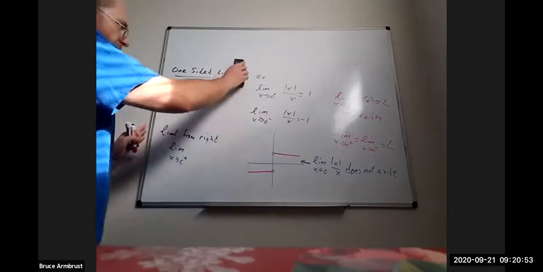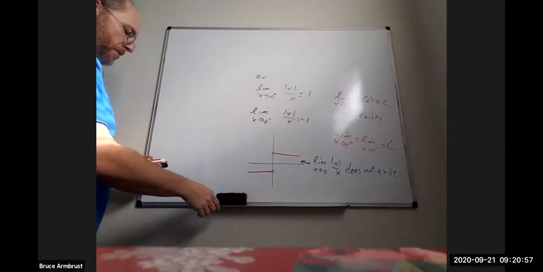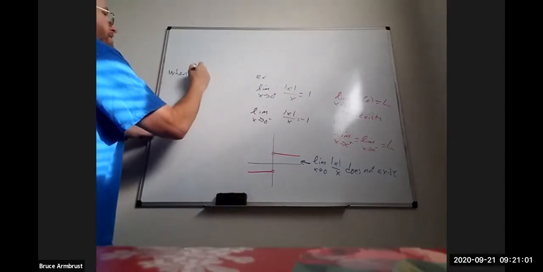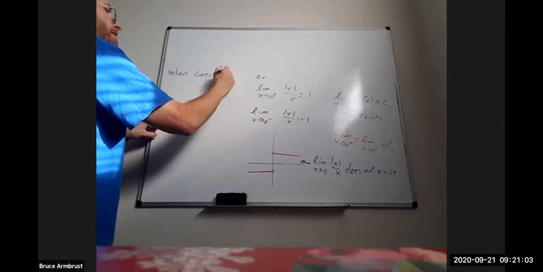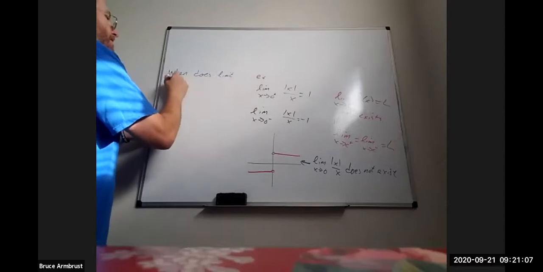While we're at it, let me show you some other places where limits don't exist. So maybe we'll even start making a list here. So when does the limit fail to exist?